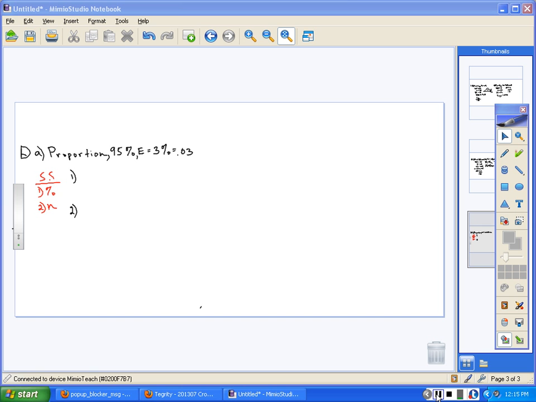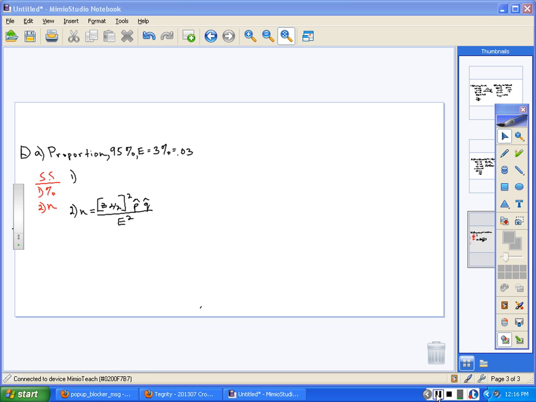And the formula says n is equal to, and then in brackets, z sub alpha over 2, quantity squared, times p hat times q hat, and that whole thing is divided by E squared. Okay, we wanted to look at the formula first so that we would know what table to use to get our critical value.